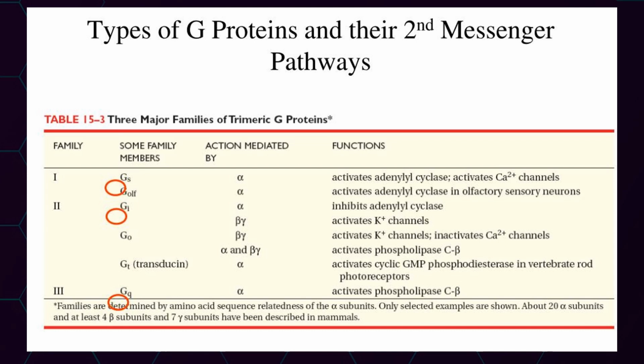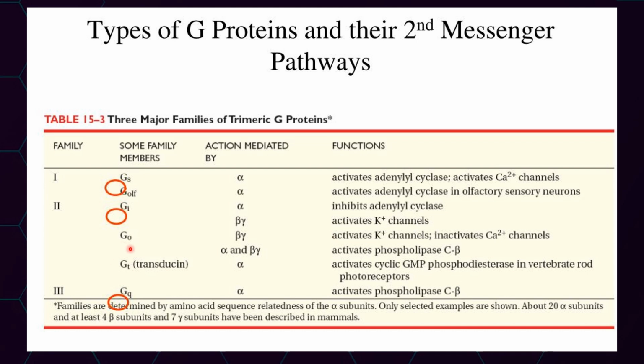Then we have Gi. Here also the alpha subunit takes the action and it inhibits adenyl cyclase, but the beta gamma subunit activates calcium channels.